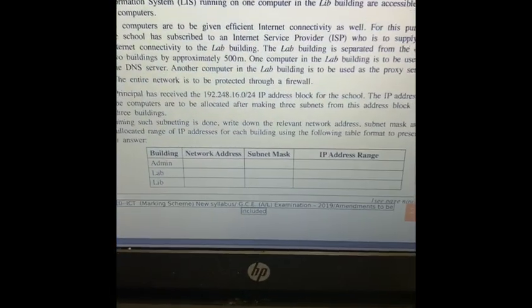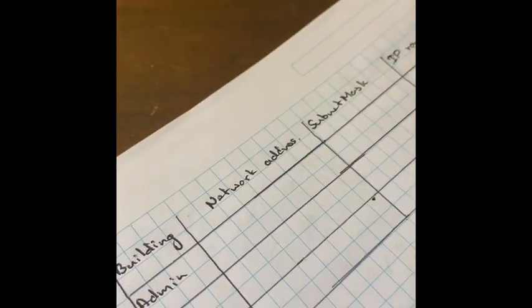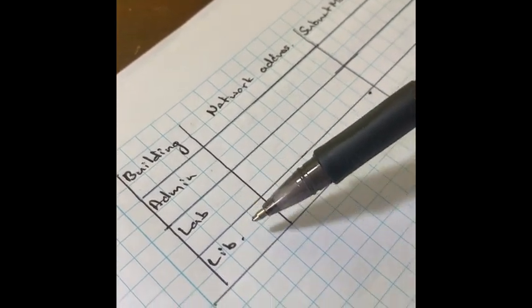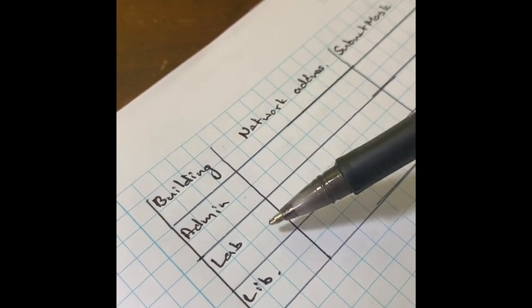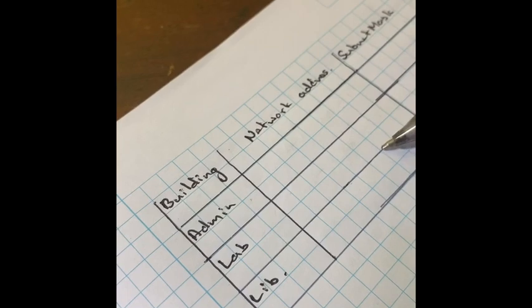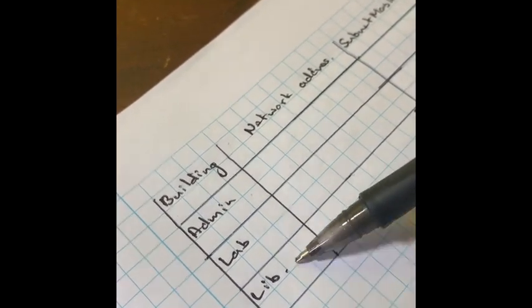This is not the pattern they are asking for. What they are asking is to complete this table. So we got 3 networks. You can assign subnetwork 1 to admin, subnetwork 2 to lab, subnetwork 3 to library, or you can assign subnetwork 1 to lab since it's going to have the internet service, then subnetwork 2 to admin and subnetwork 3 to library.